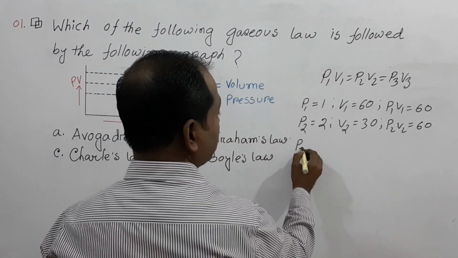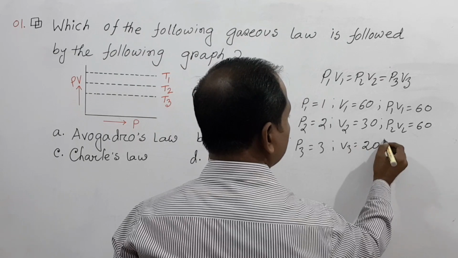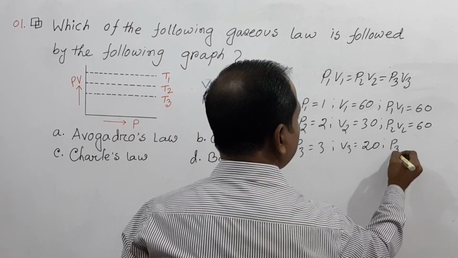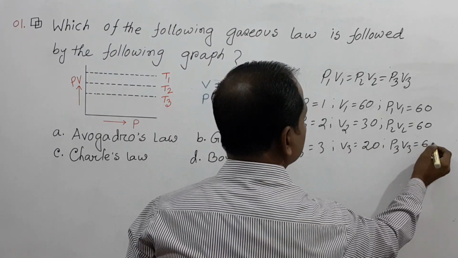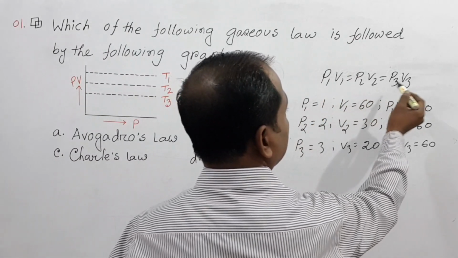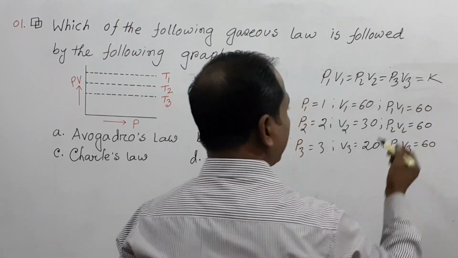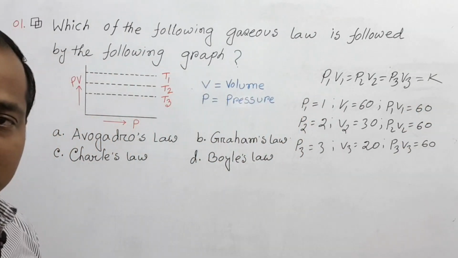And if P3 equals 3, V3 equals 20, then P3 V3 equals 60. So, we see that P1 V1 equals P2 V2 equals P3 V3 equals K, that is, a constant.